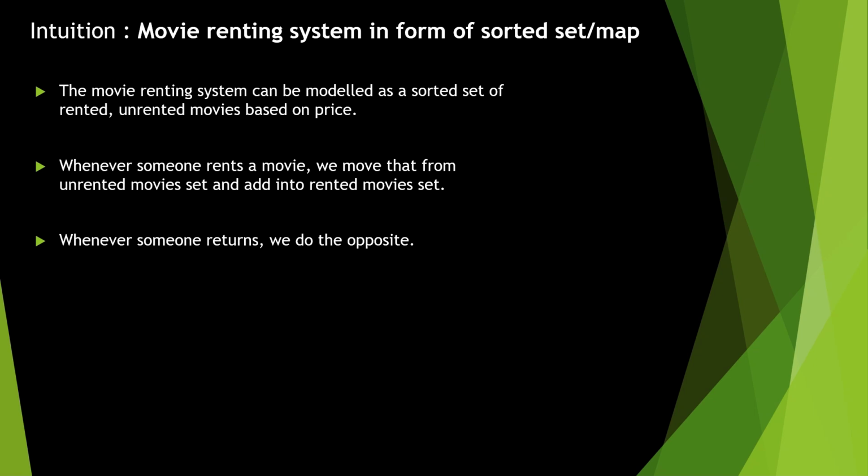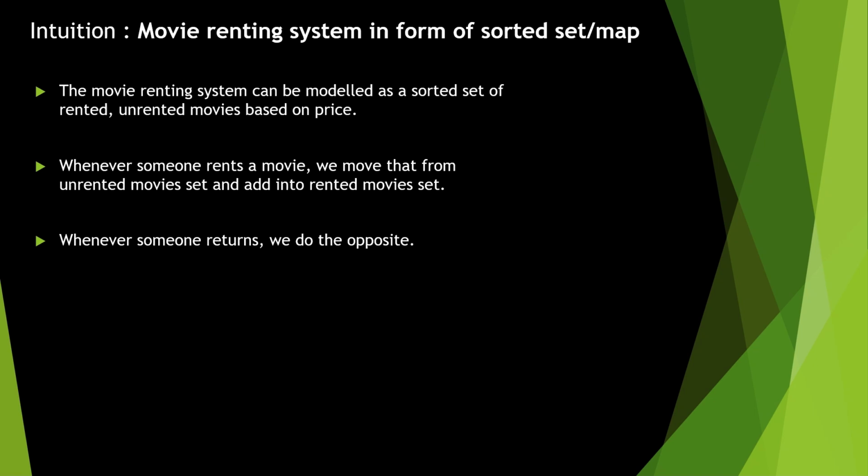So let's understand it. The movie renting system can be modeled as a sorted set of rented and unrented movies. The whole system will carry a rented set where all the rented movies would be captured, and an unrented movie set where all the available movies would be captured.